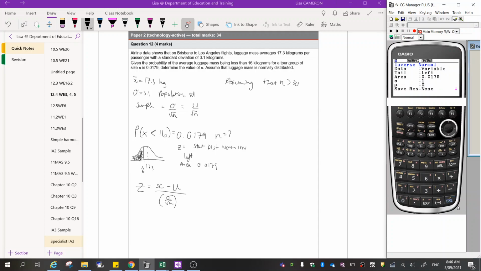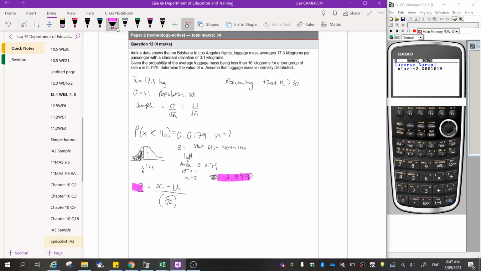Now, I'm doing this to get it just as a z-score, not the actual score. So that's going to give me our z-score, which is going to be negative 2.0992 going to four places because it is statistics. Okay, so I've got a z-score.